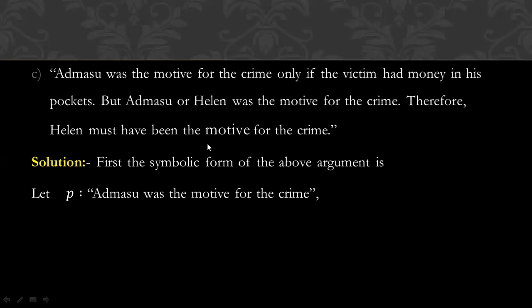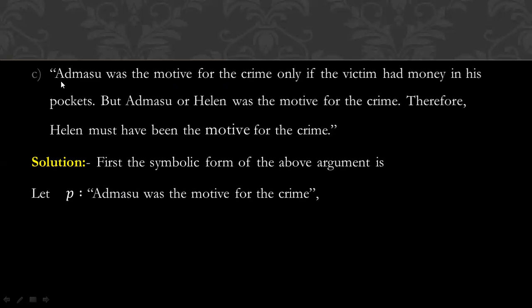In order to do this, let's assume that P represents the statement Admas was the motive for the crime. From this one, we have the statement that Admas was the motive for the crime only if the victim had money in his pockets.